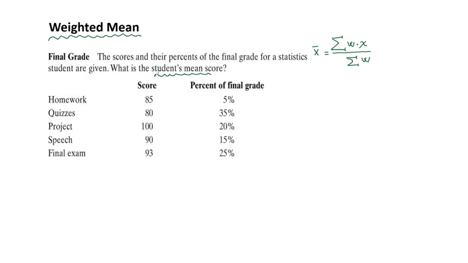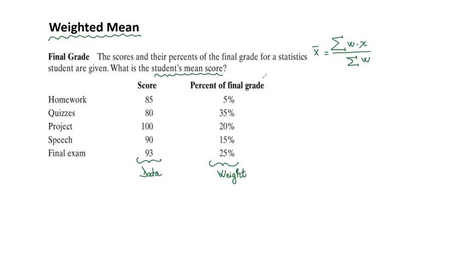So in this case, we are given the actual data value, which is the score. This is where you find the data, in this column. And this is the weight. So this will be the weight of each category. Let's see how we can apply the formula.